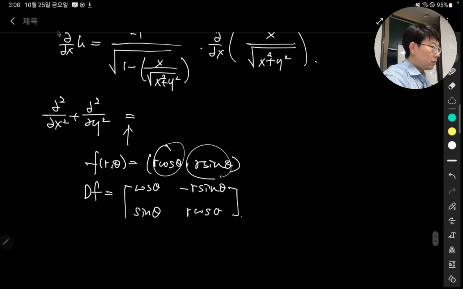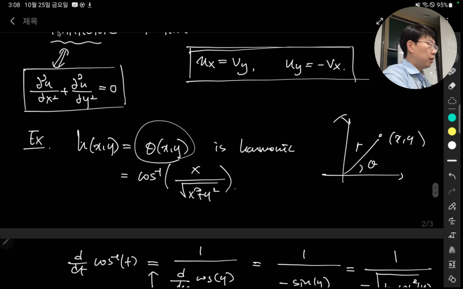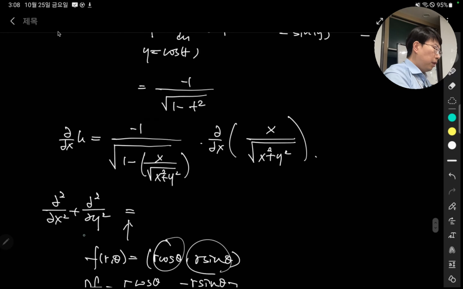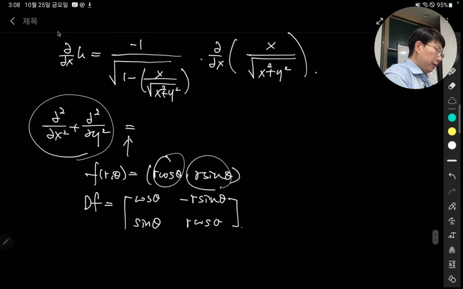Okay. So again, I'm trying to show you how to convince yourself why this h is harmonic, because just applying this partial operator is so complicated. So I'm going to write this partial operator in an r and theta operator.